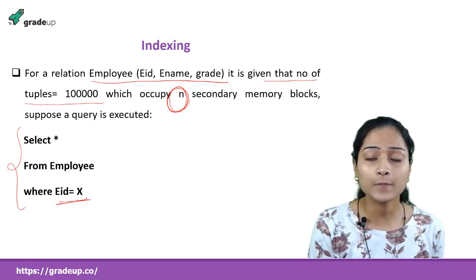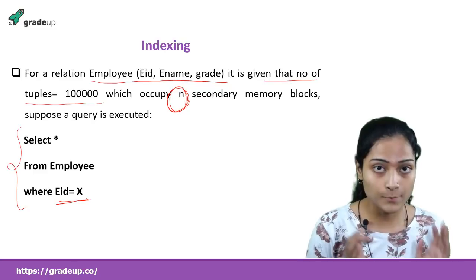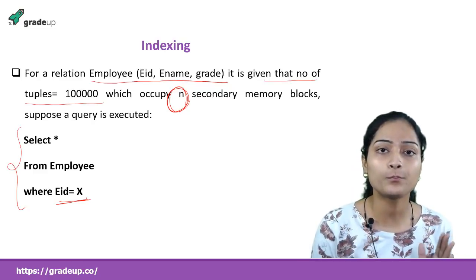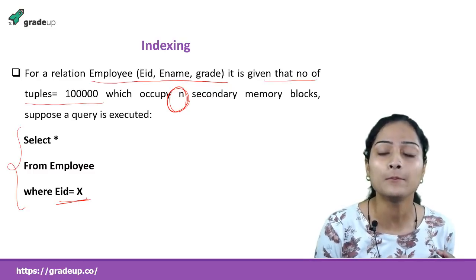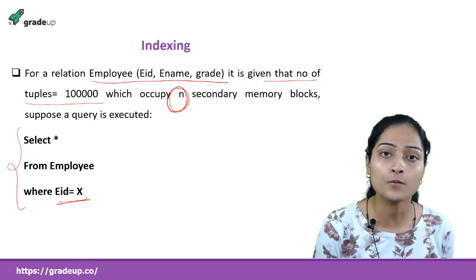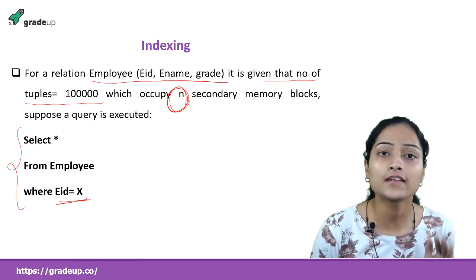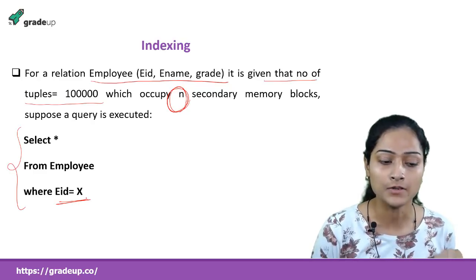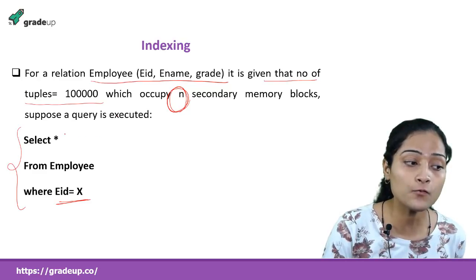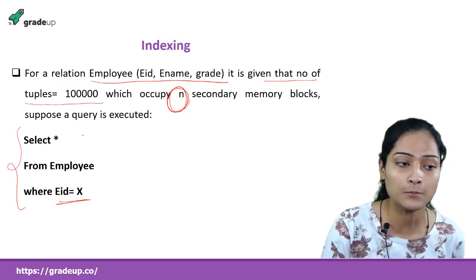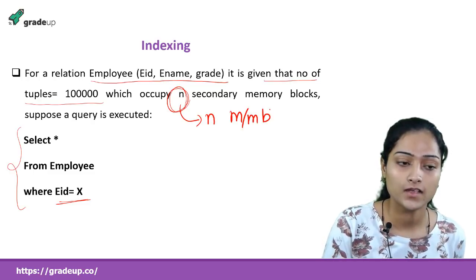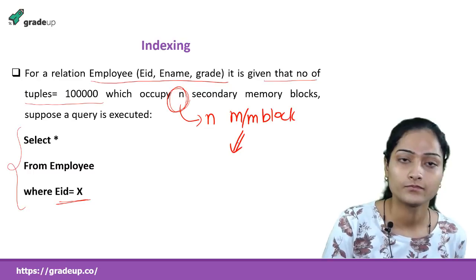For executing this particular query, you know the basic rule of execution: whatever data you want to operate on should be placed in main memory. That is, whatever you want to perform some operation on, that data should be present in our main memory. So if you want to bring this data into main memory, you have to shift these n memory blocks into main memory.